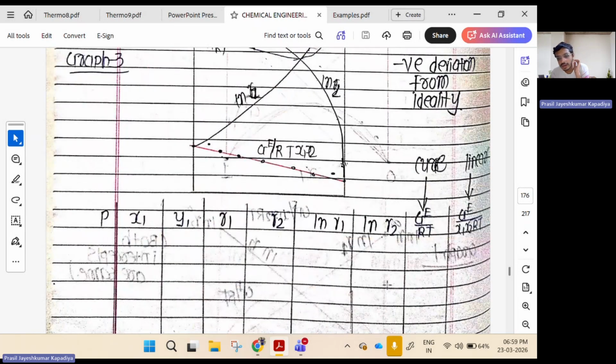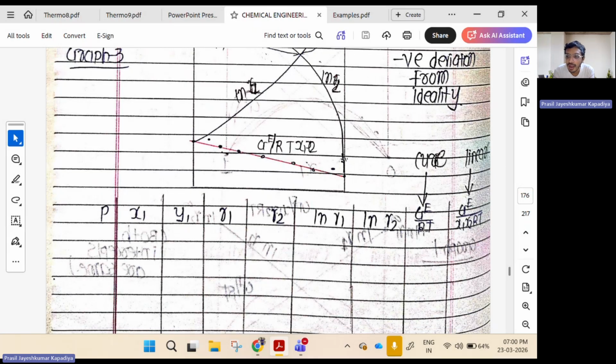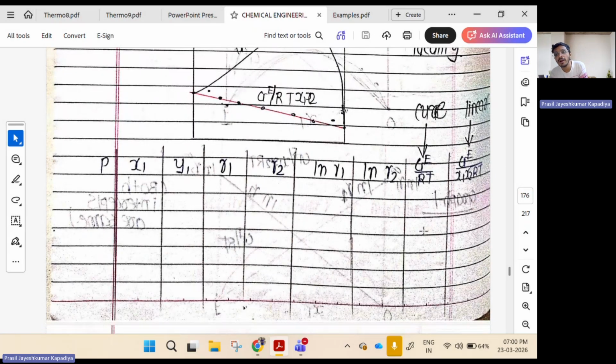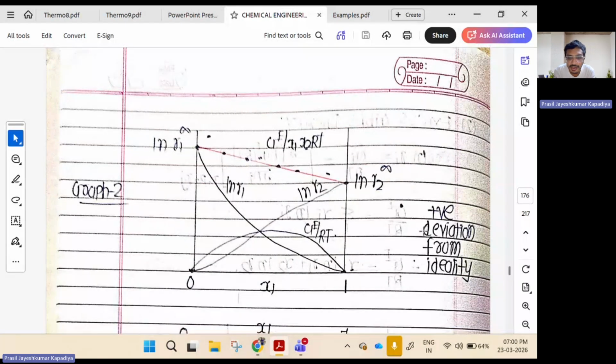Okay. So what can I do? I had x1, y1, gamma 1, gamma 2, ln gamma 1, ln gamma 2, and the GE by RT curve, and this GE by x1 x2 RT is nothing but linear.